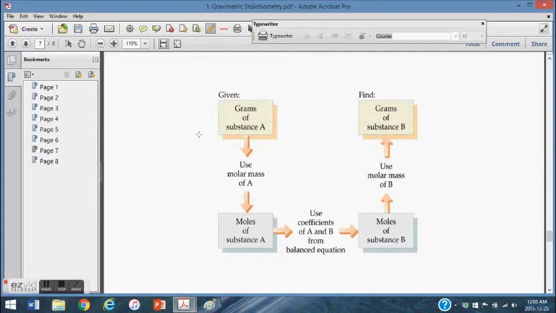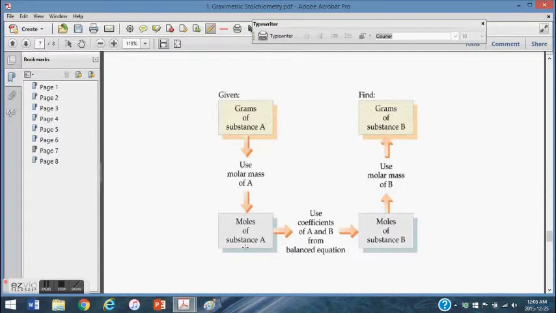If we're doing solution stoichiometry, we could have concentration and volume of substance A to find the moles of substance A. We could use gas laws here, where I have the volume of a gas at a certain pressure and temperature, and I can use that to find moles.